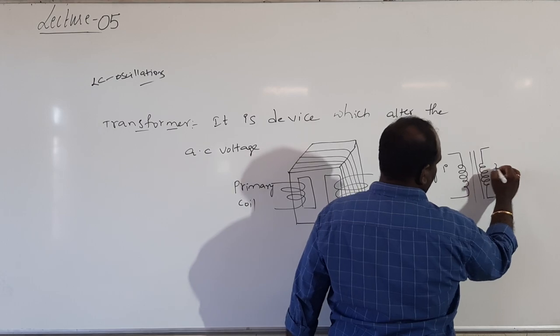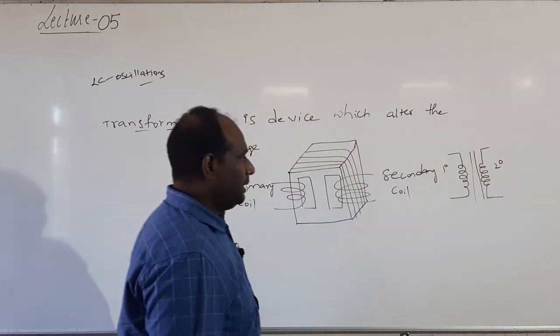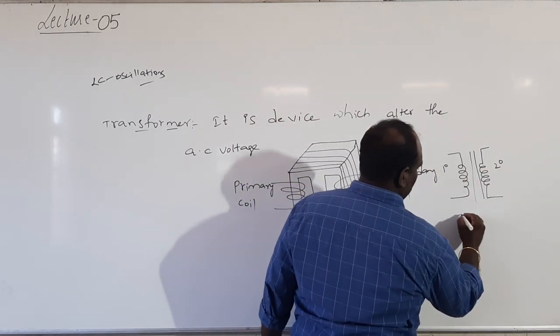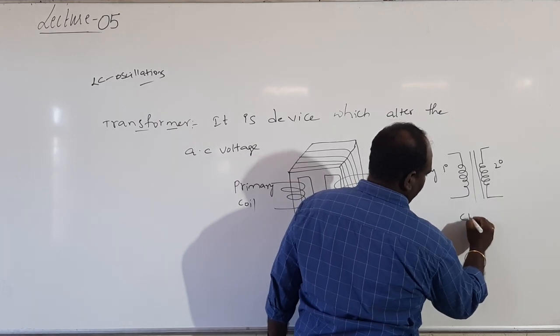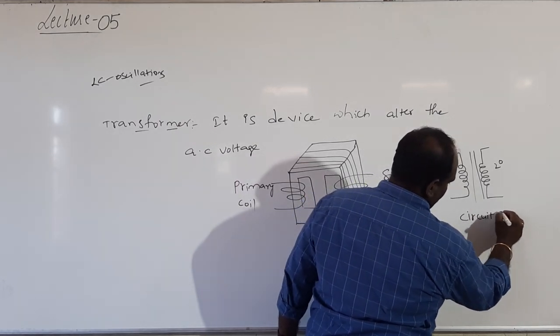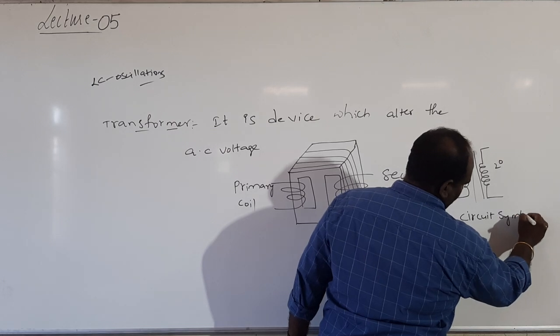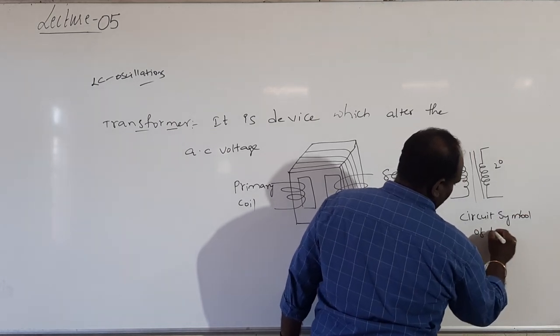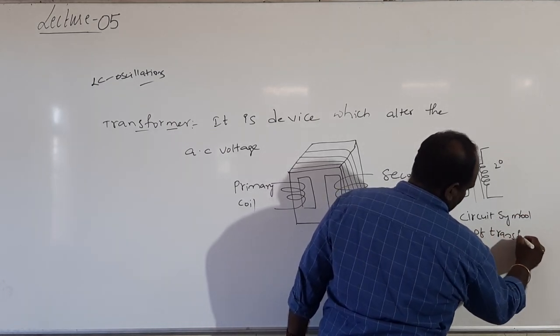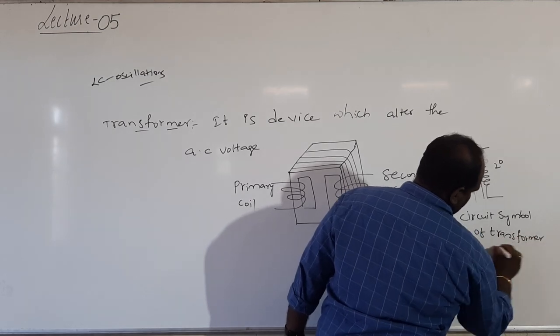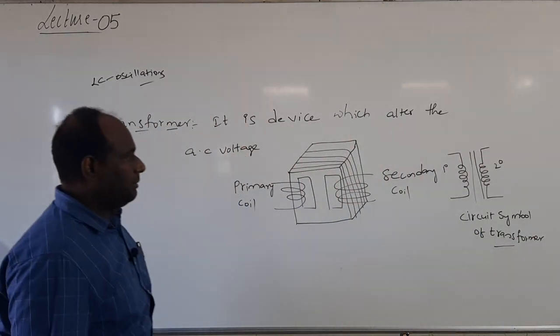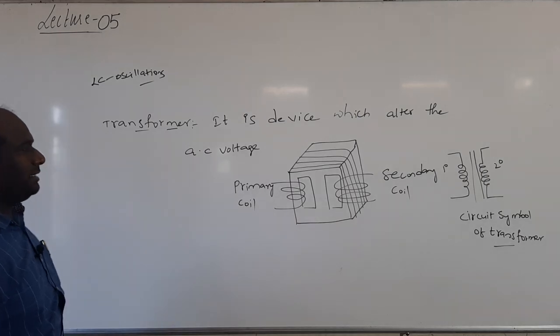This is primary, this is secondary. This is the circuit symbol of transformer. This is our circuit symbol, and this is the transformer construction.